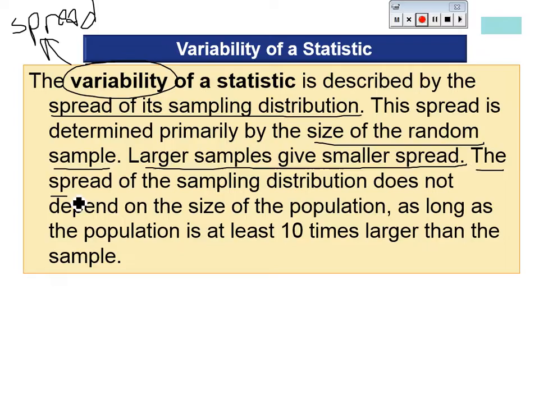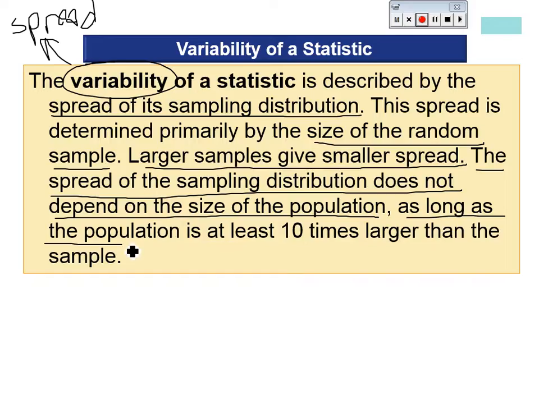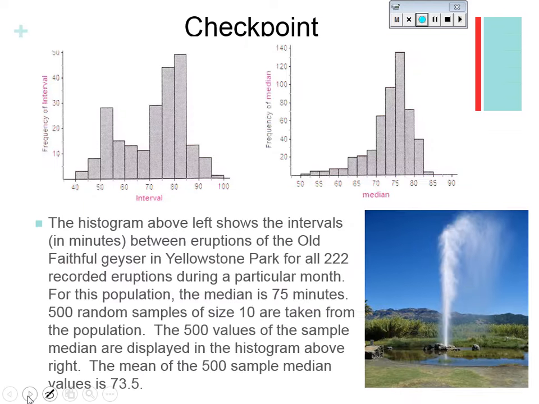The spread of the sampling distribution does not depend on the size of the population, which is a common mistake people make. They think that the population size determines the spread. It doesn't. It's the sample size that determines the spread of the sampling distribution. A key note here is that this holds as long as the population is at least 10 times larger than the sample. That's the 10% rule that we talked about when we were looking at binomial probabilities.